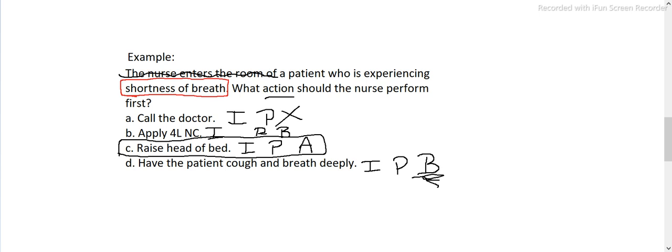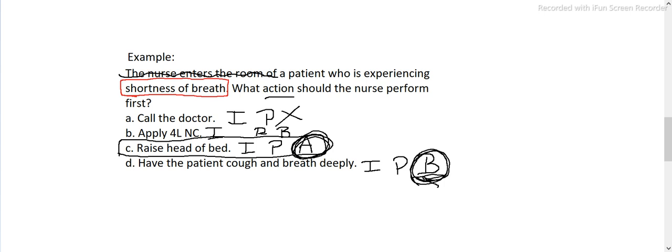This is good to do and all, to help people get more air into their lungs and clear out anything bad that's in there. But it's ultimately not the best option for this, because as you see here, we have airway here, and it comes first in our ABCs, and there's breathing here, which comes second. So we're obviously going to go with the first one, airway.